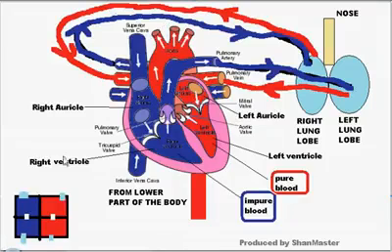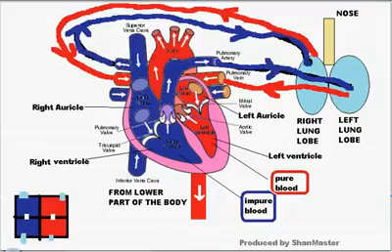And it goes down here, to the lower part of the body. The blood flows here to the stomach, legs, and abdomen. Okay, so that's a picture of the heart here.